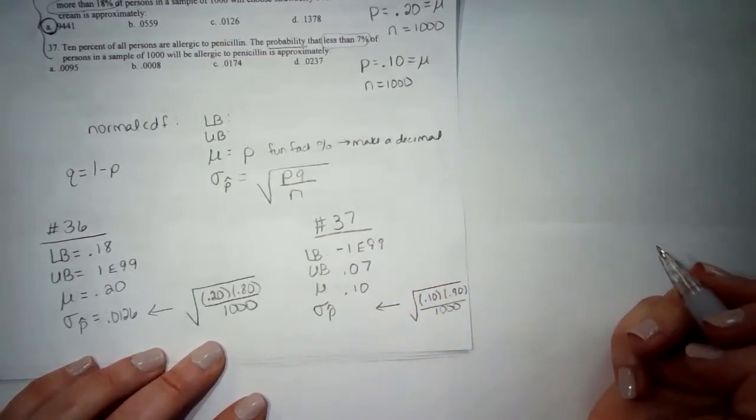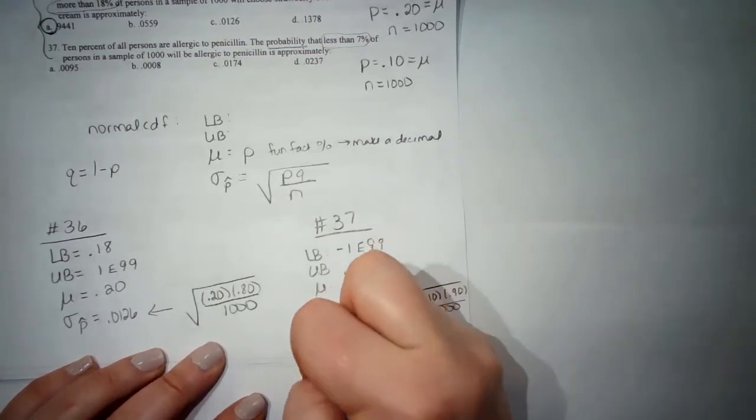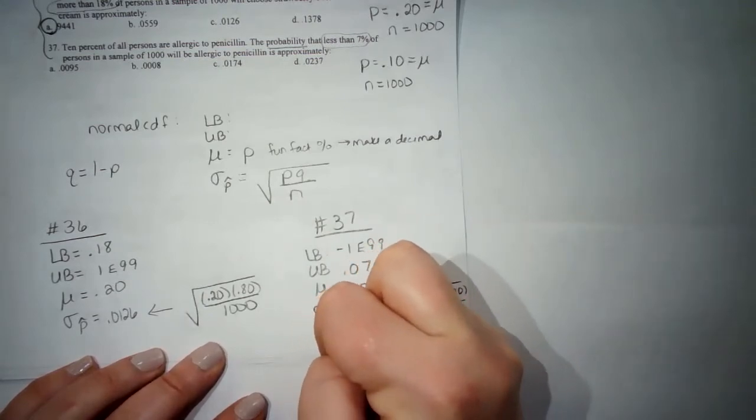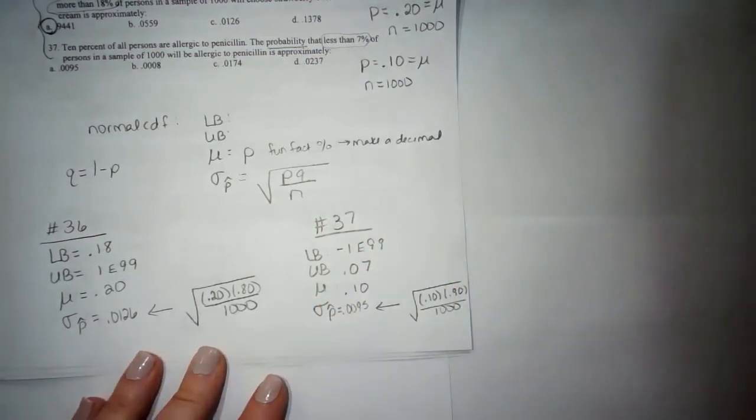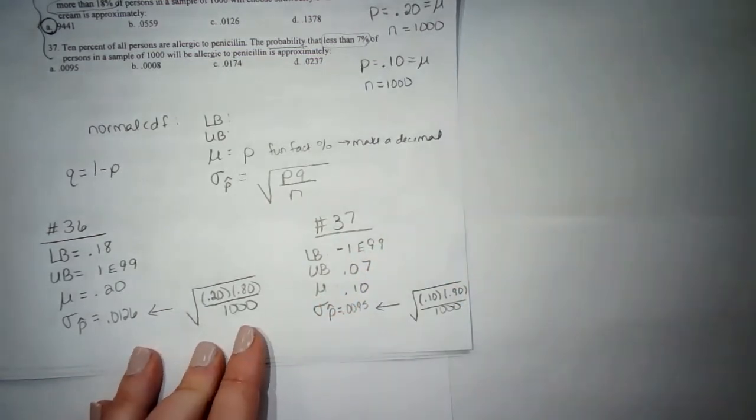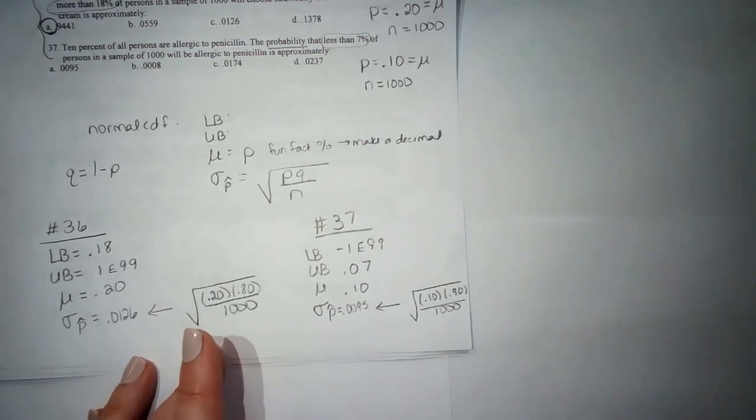And what did I come up with? I think it's 0.0095. Okay. So then when I go to put it in my calculator, and I know my little movie people can't see this, but I'm going to describe it for you.